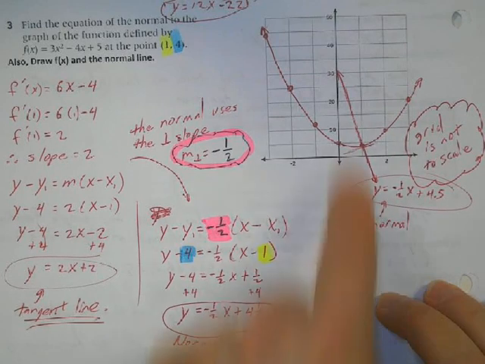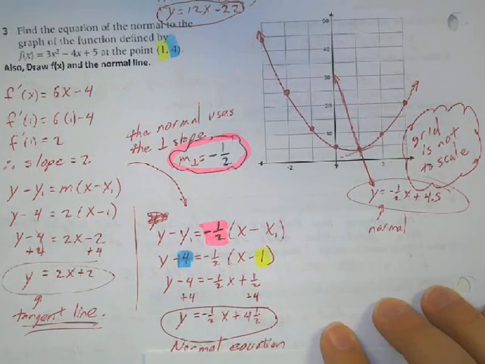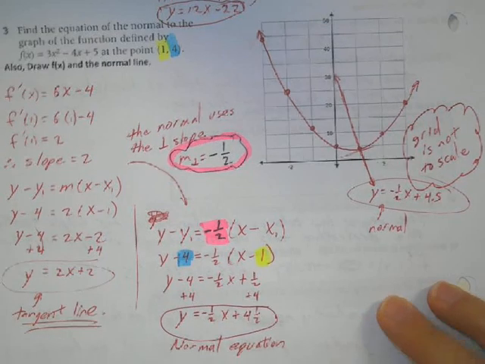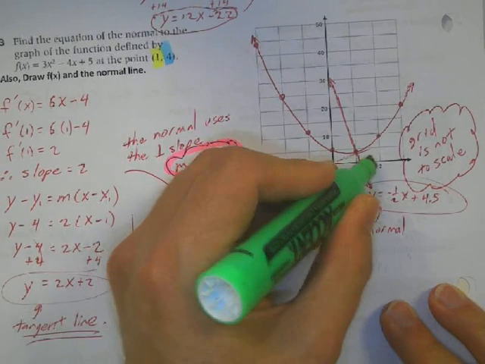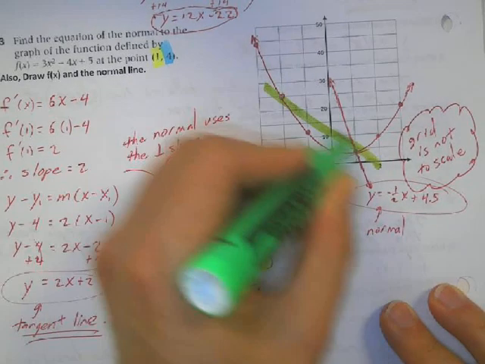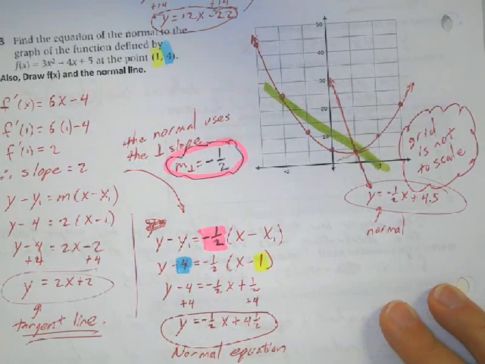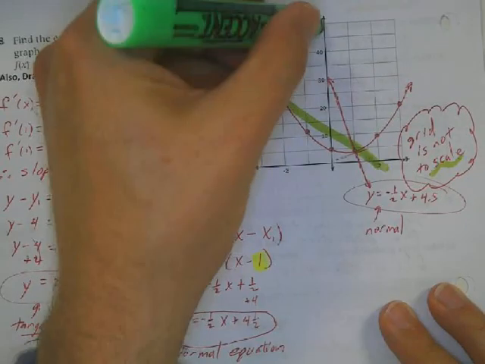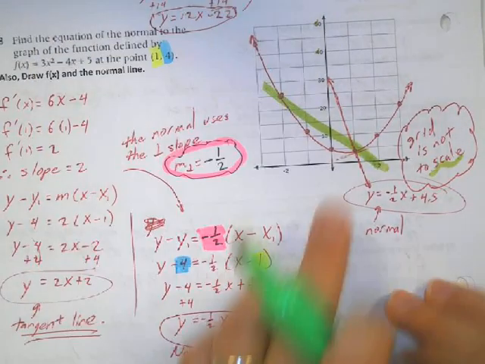Now this grid was not to scale, so my line should look something like this, because of this scale, the 50/40. This is way compressed here.